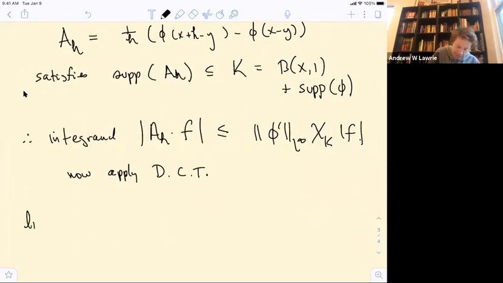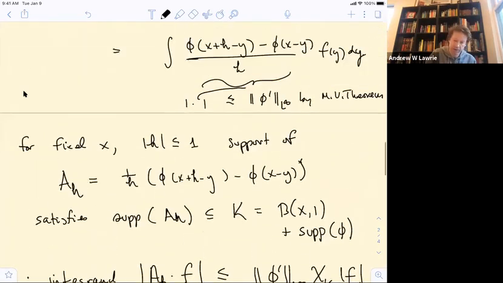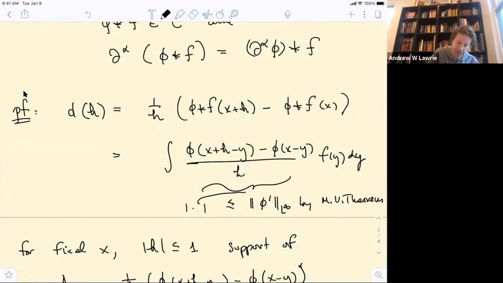So the limit as h goes to 0 of D of h is equal to the integral of f of y times phi prime of x minus y dy. So I'm doing the proof when dimension equals 1, alpha equals 1.